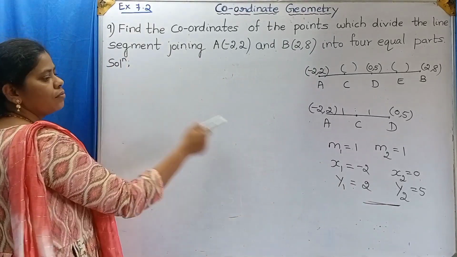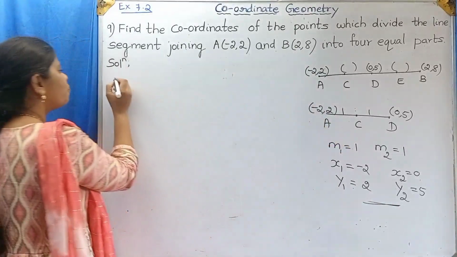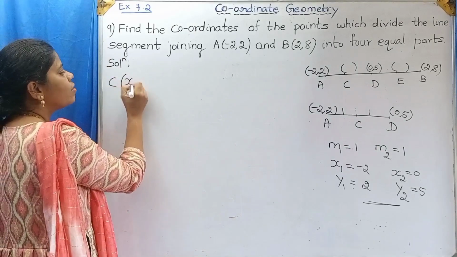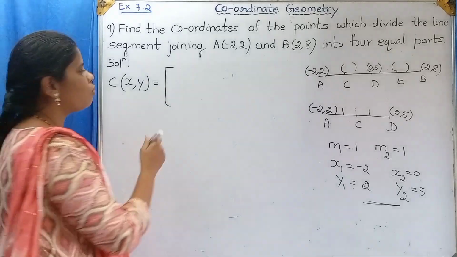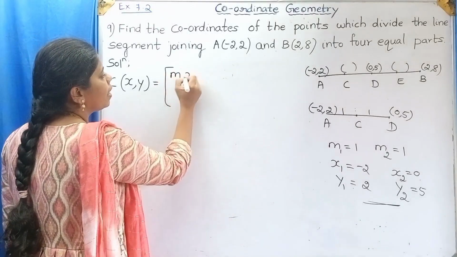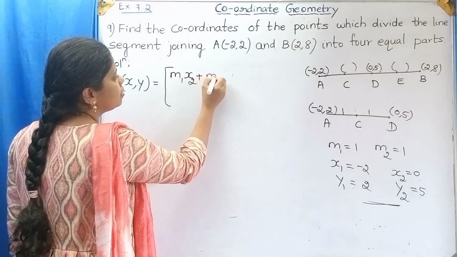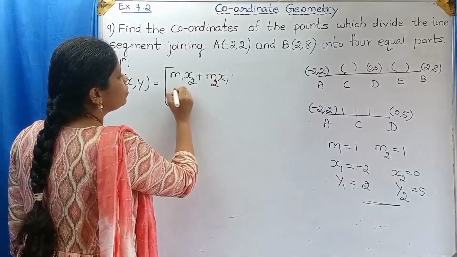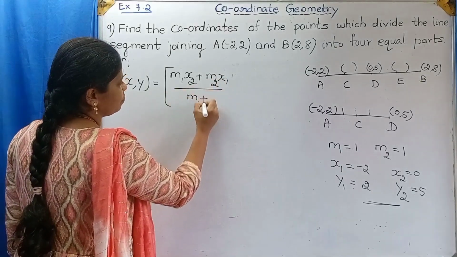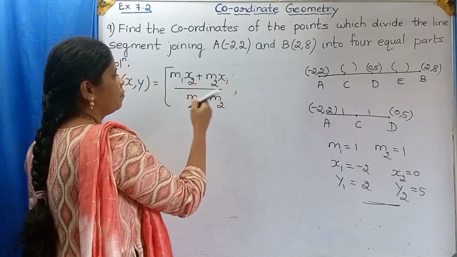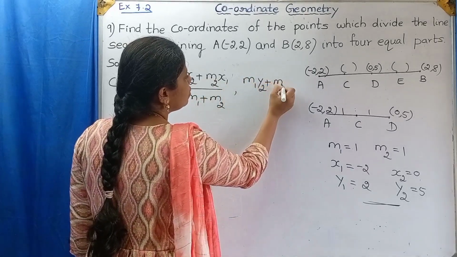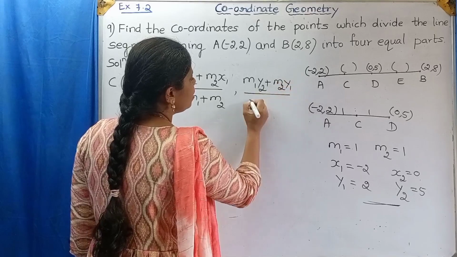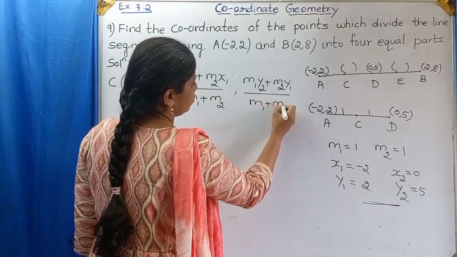See here, we are finding the coordinate of the point C. Therefore, let me write C of xy is equal to, what's our section formula? m1 x2 plus m2 x1 divided by m1 plus m2, comma m1 y2 plus m2 y1 divided by m1 plus m2. Okay.